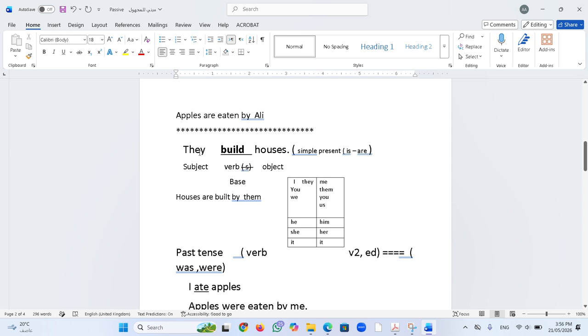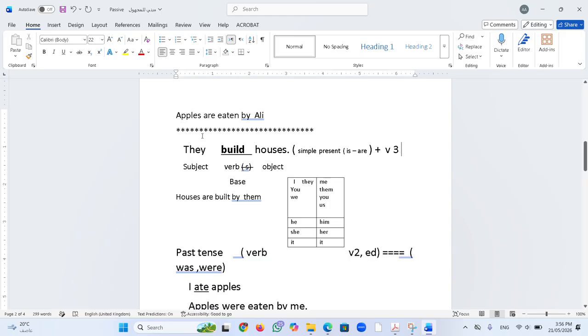Here in the next example, we have they build houses. Build is simple present. When the verb is simple present, with s or without s, we add is or are. Then we add verb 3. Okay.